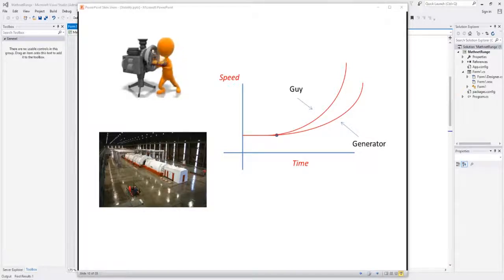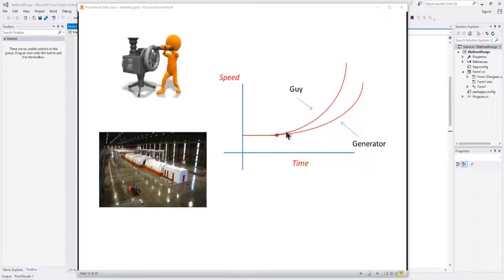Conversely, if the machine breaks, the shaft is going to rotate a lot faster. Compared to a generator, which has a lot of inertia, it's a very big mass, any changes in speed are going to be very slow compared to what this guy has.